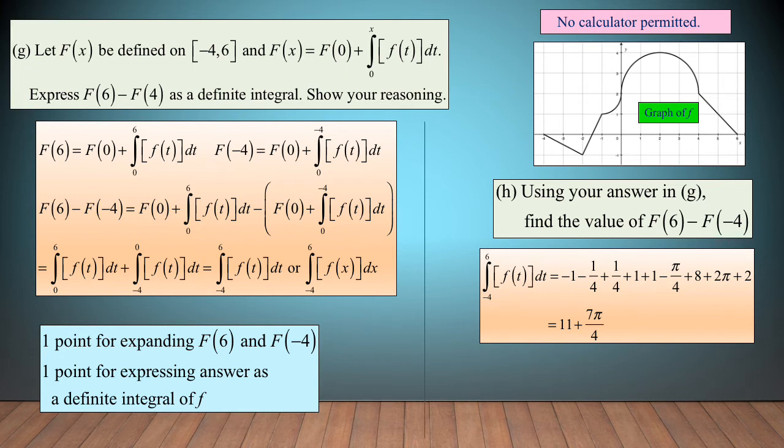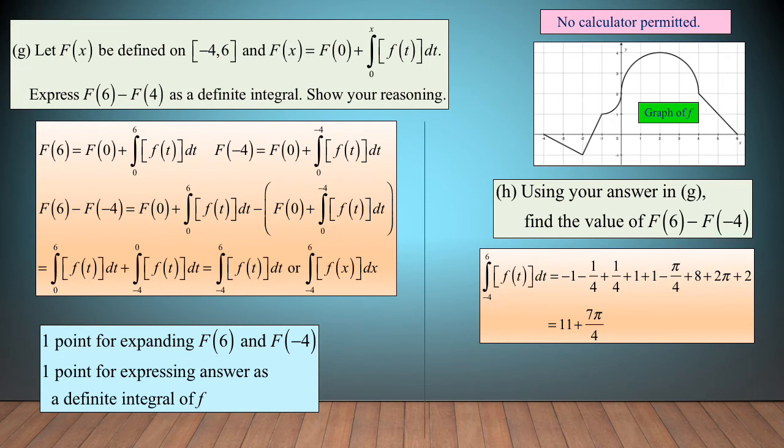From -1 to 0, we have our quarter circle under a square, and we get 1 plus 1 minus 1/4. Next, we have the semicircle under the rectangle, and that will be 8 plus 2 pi.